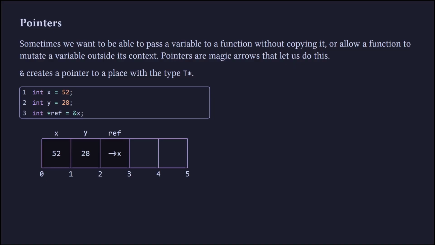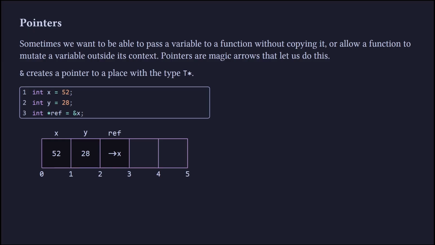The ampersand creates a pointer to a place. A place is just a fancy word for variable name, to kind of distinguish between the value at X and the name X itself. It's a bit of useful terminology that often pops up when we're talking about this theoretically.